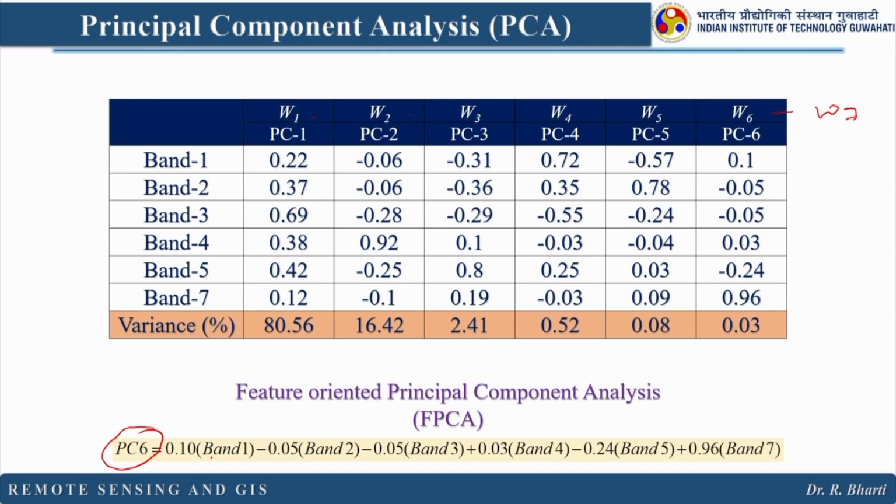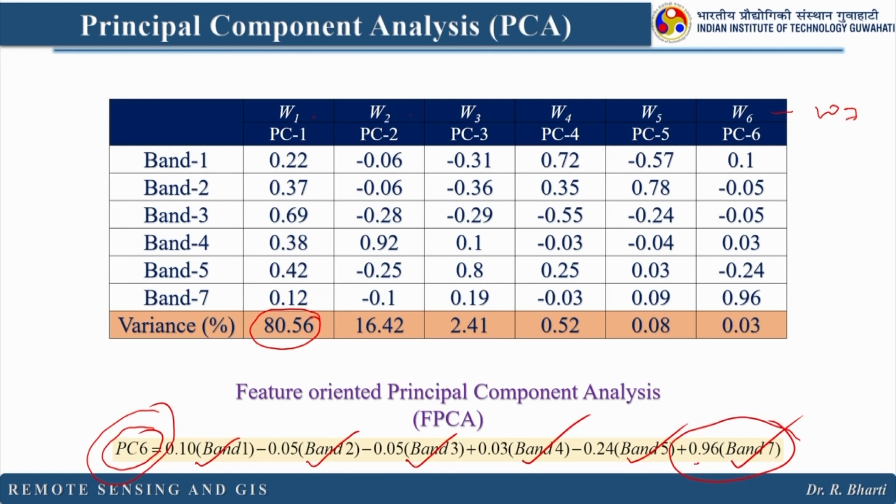10% weightage to band 1, 5% to band 2, 5% to band 3, 3% to band 4, 24% to band 5, and 96% to band 7. So for me it doesn't matter what the variance is, I will go with principal component 6, because it is going to highlight my object.